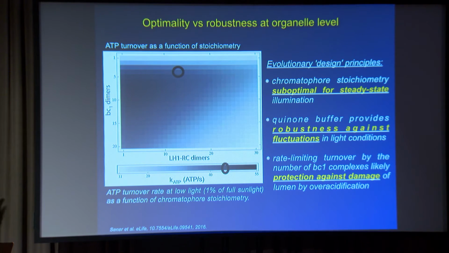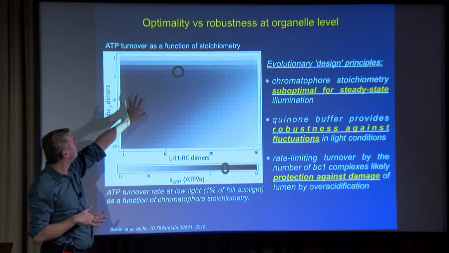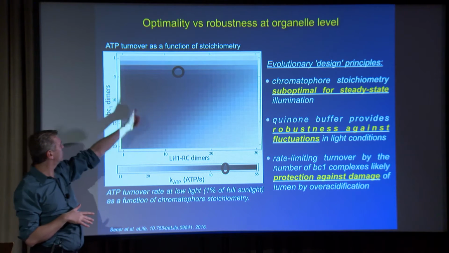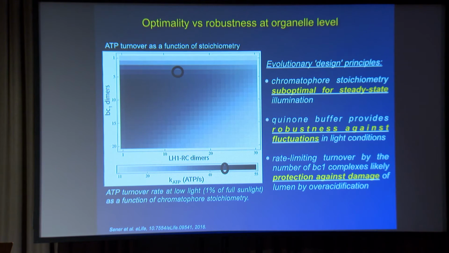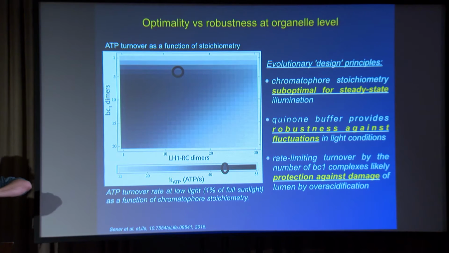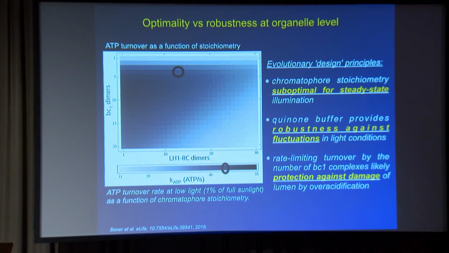And as you see here, you basically get a better turnover rate for this low light condition if you were to have fewer reaction centers and more BC1 complexes. The caveat for that, however, would be that you would not be able to respond to fluctuations in light conditions as effectively. And also, you would be ignoring the problems arising from damage due to potential overacidification of the membrane.